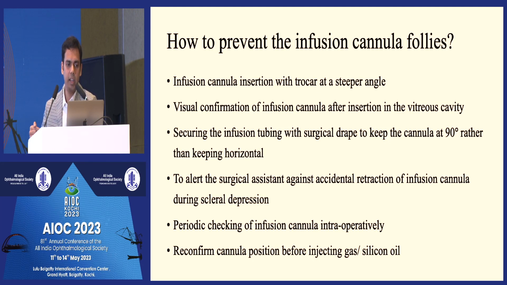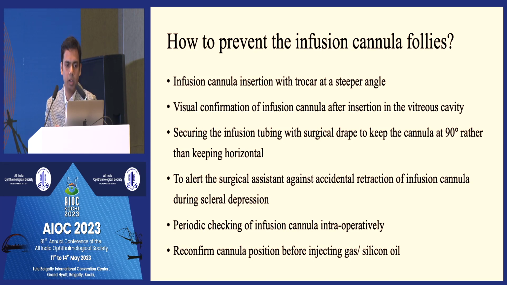Infusion cannula insertion with the trocar should be at a steeper angle. If you are introducing at a more acute angle, then there will be more intrascleral length of the infusion cannula and less vitreous length, so there is more chance of retraction. Always it is good to visually confirm the position of the infusion cannula after inserting in the vitreous cavity.